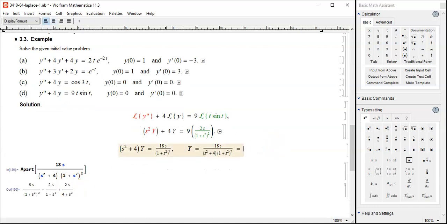Let's see. 2s over s squared plus 4, or equivalently, 2 squared, minus 2s over s squared plus 1, plus 6s over s squared plus 1, total quantity squared.